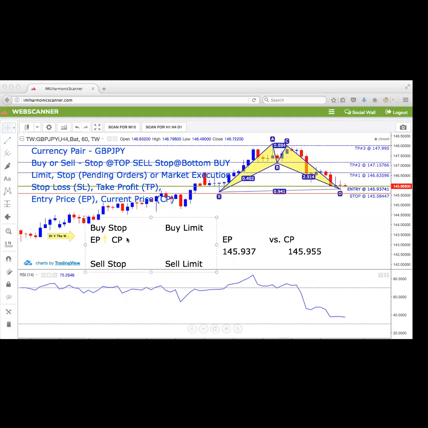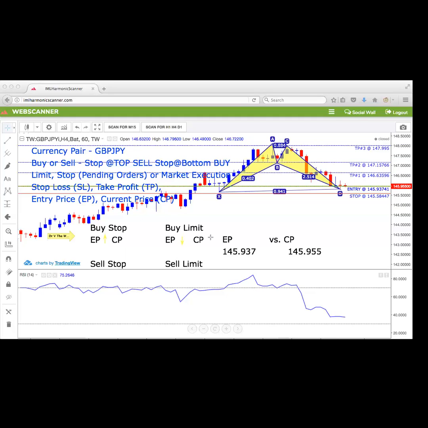If, on the other hand, your entry price is below your current price, then you have a buy limit.